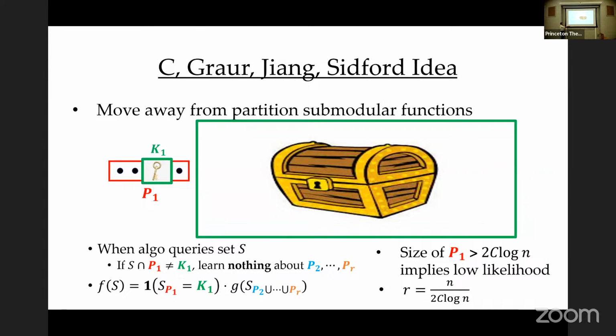But then you have to query exactly K2 in P2 and K3 in P3 and so on. So what's the chance of a polynomial time algorithm to get this? Well, if this set size is bigger than some 2c log n, then n to the c algorithms won't work. So that gives you an n to the 2c log n algorithm to find the minimizer in this kind of function. A very simple idea.